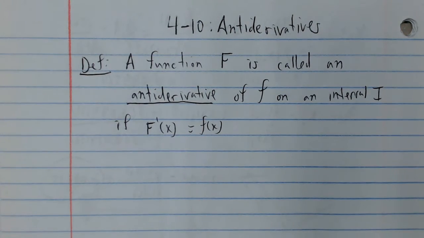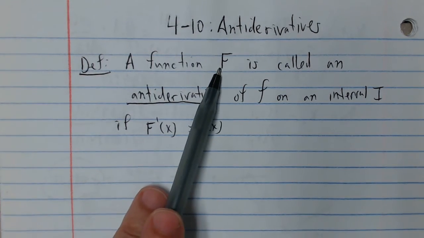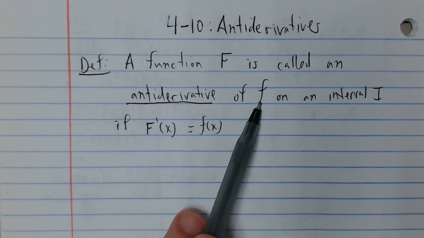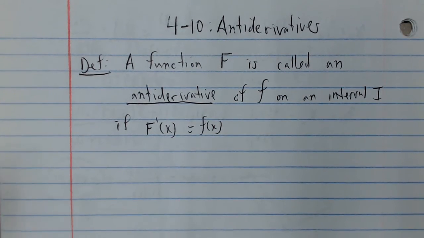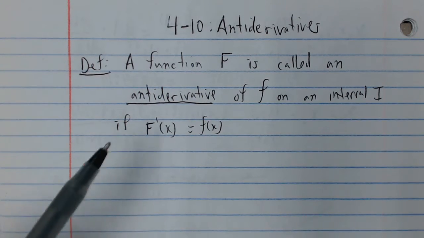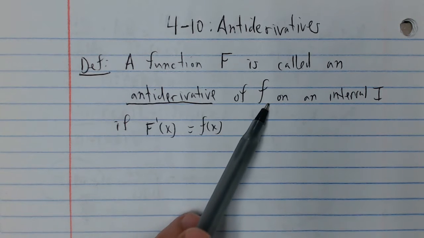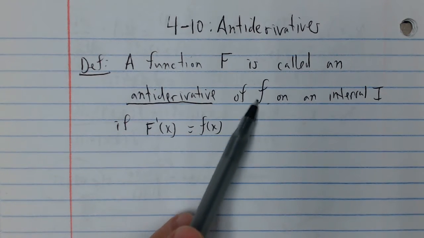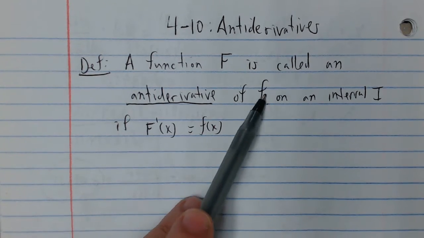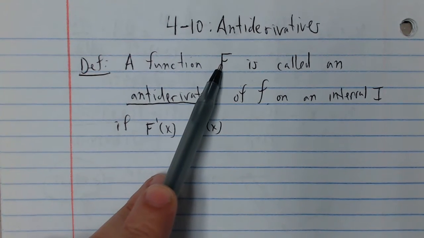So basically, what do we know? I would call capital F the antiderivative of lowercase f if the derivative of capital F gives me lowercase f, which, as you could notice, is working backwards, right? In first semester, we found the derivative of lowercase f. Second semester, we're going to work backwards. We want to find an antiderivative of this, which would be capital F. And how do I verify that?